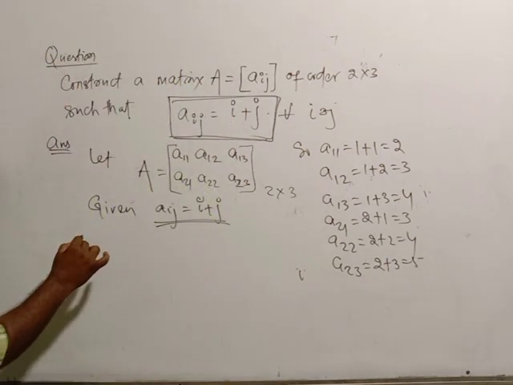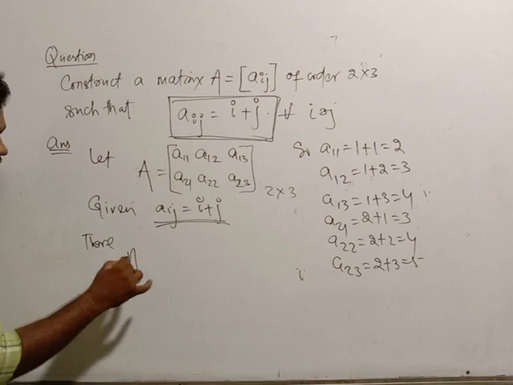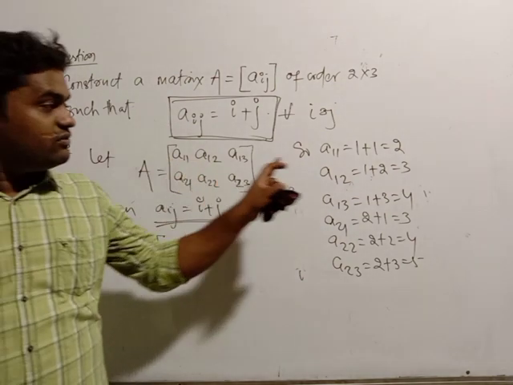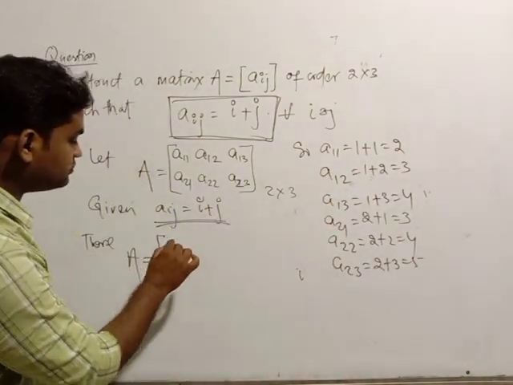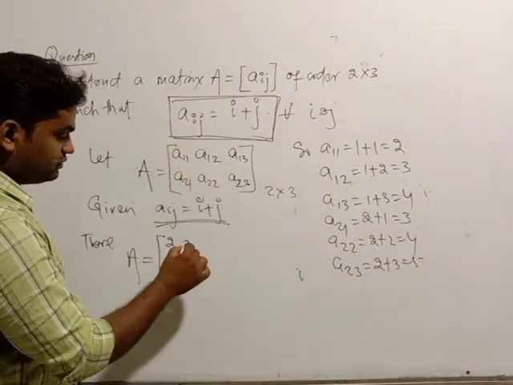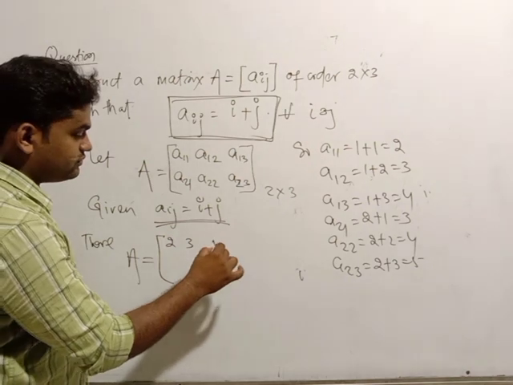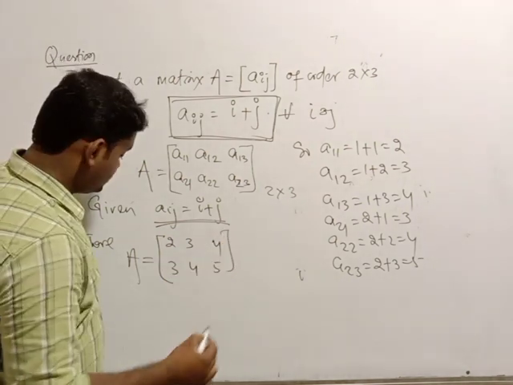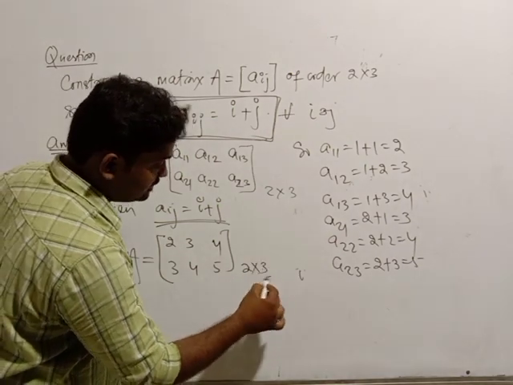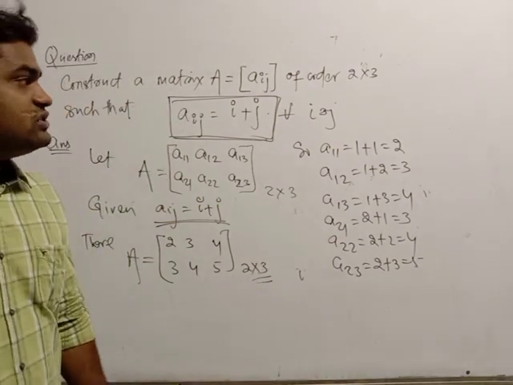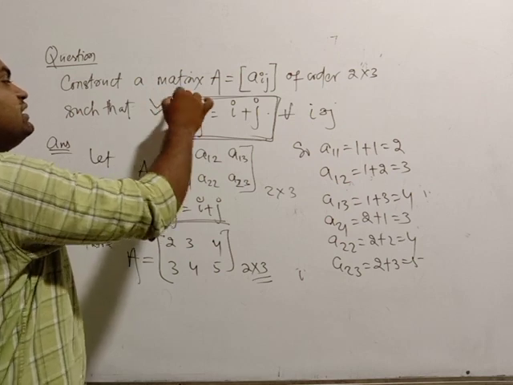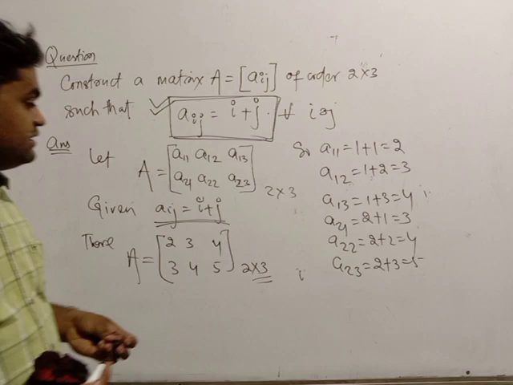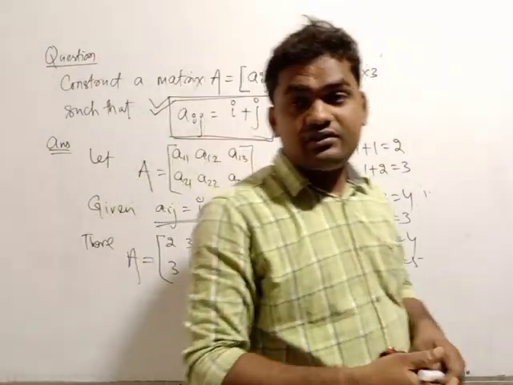So therefore we get the matrix A is equal to, look at here, a11 is equal to 2, a12 equal to 3, and next one 4, this one 3, 4 and 5. So this one is the required 2 by 3 matrix whose elements are given by the formula aij is equal to i plus j.